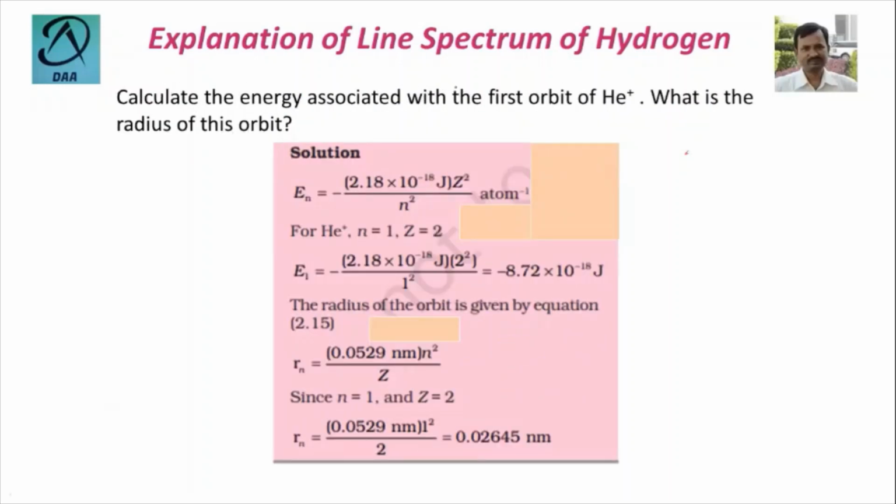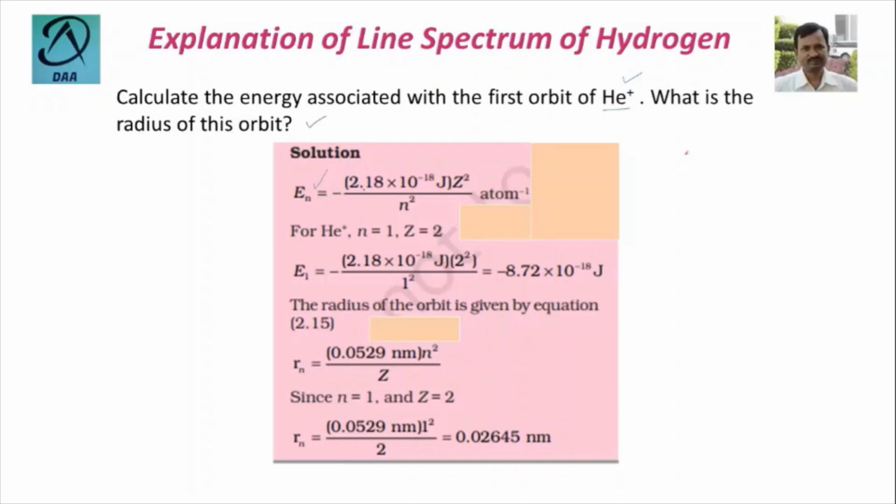Calculate the energy associated with the first orbit of He plus. He plus is ideally like a hydrogen atom, because He plus also has a single electron, and the hydrogen atom also has a single electron. So what is the radius of this orbit? We'll take the first equation. We have to remember it.